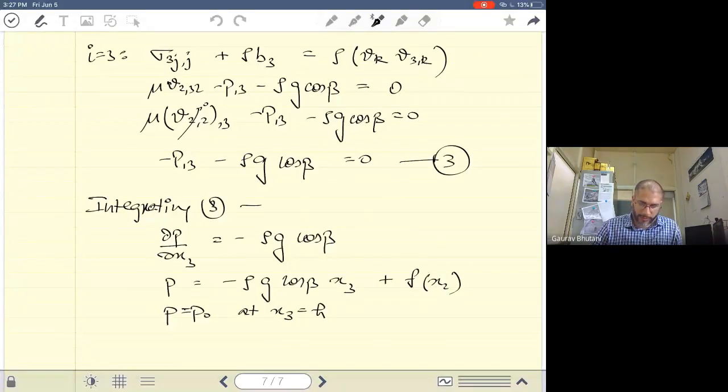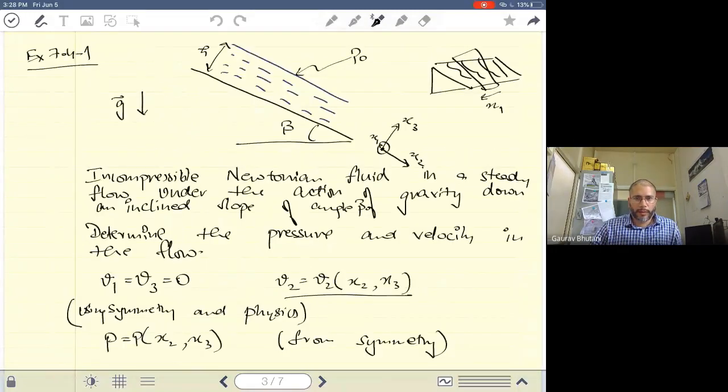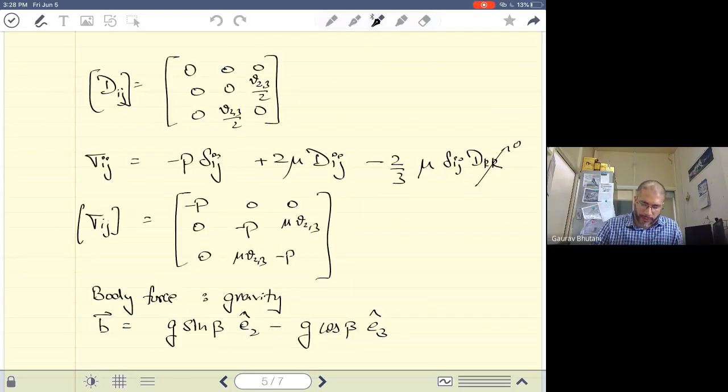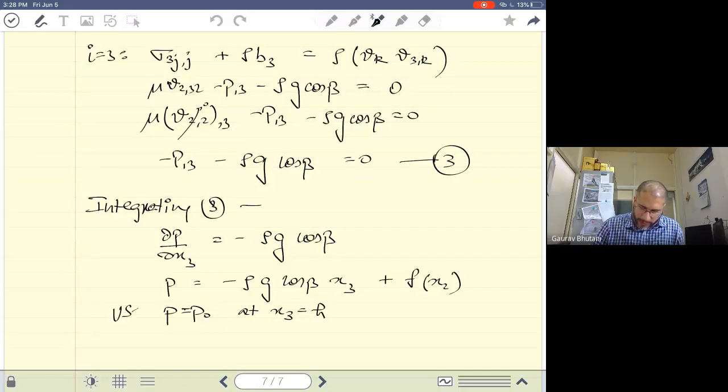Let me show you the figure so that you can recall. So we can see that the pressure is equal to P naught on the surface of this flow. The surface of the flow has a coordinate x3 equal to h. So we apply this condition, and that will give us the constant. So we get P naught is equal to minus rho g cos beta times h plus f.